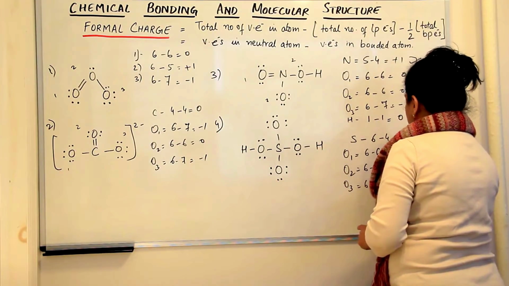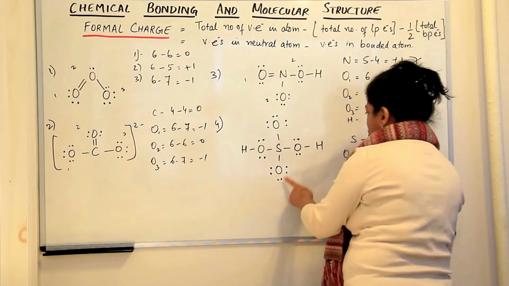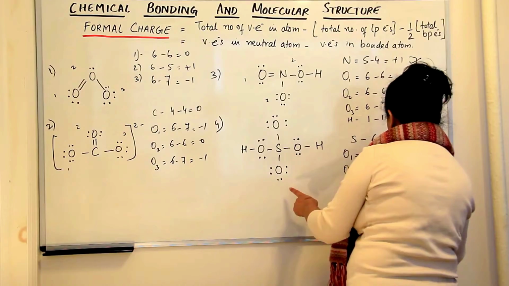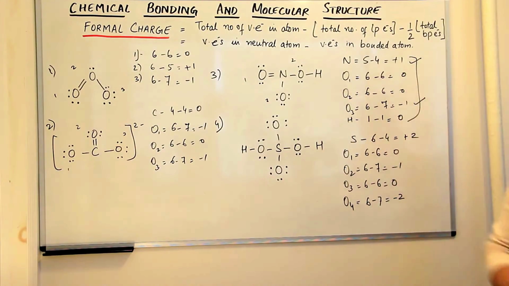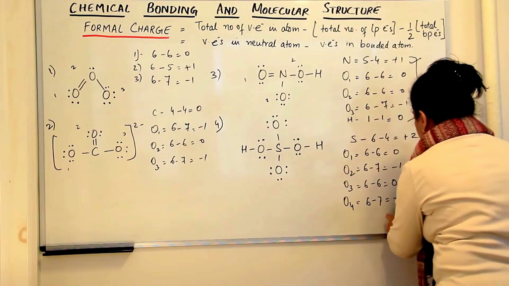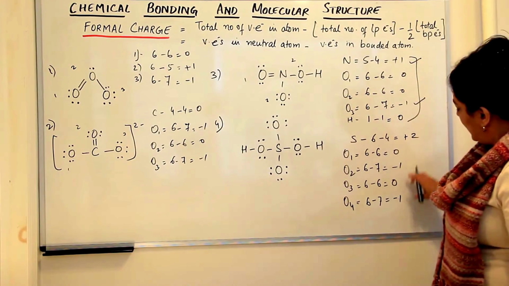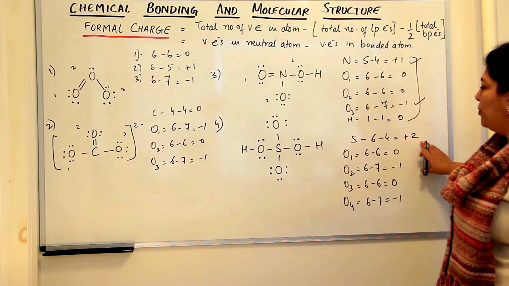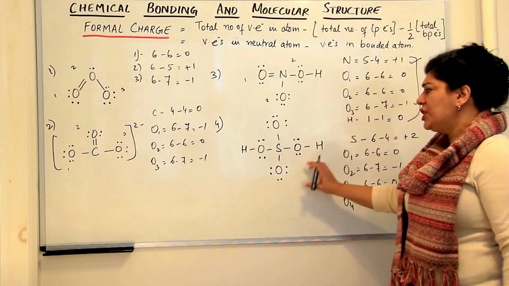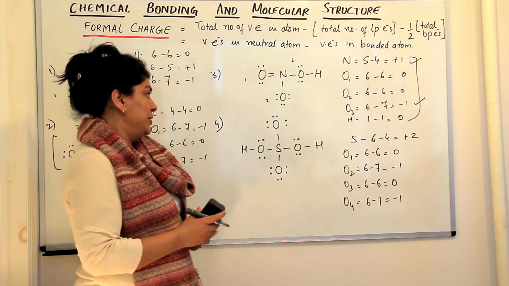So 6 minus 6 is 0. And oxygen 4, just like oxygen 2, should have 6 minus 7, which is minus 1. Now, we find that there are 2 negatives and 2 positives, which means that this should be a neutral molecule. So logically, this appears to be one of the structures that would be the right Lewis structure.